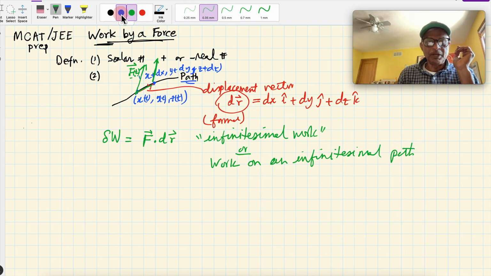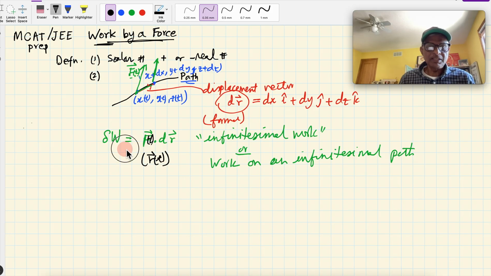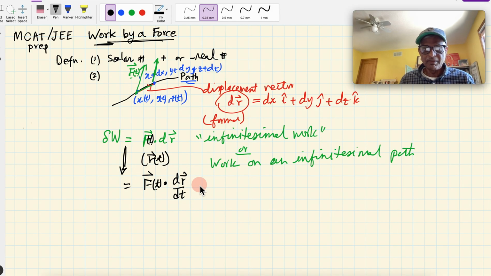Okay, so if I wanted to go from, okay, so this was a function of t, and r is the vector at instant t, like that. So you can see I can actually do it another way. I can have F of t, divide dr by dt and multiply by dt. I can do this, right?